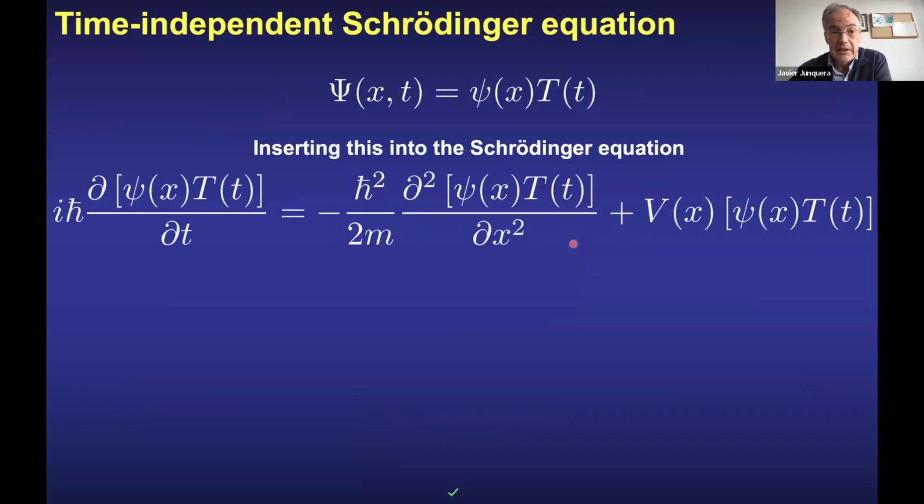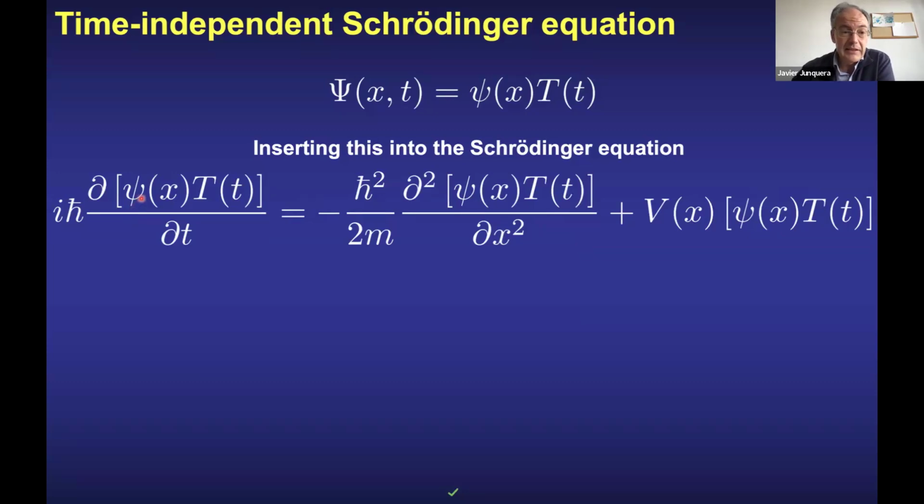We assume this, and then we can insert it into the Schrödinger equation. In the Schrödinger equation, where we had the quantum wave function psi, we can write this separation of variables, and the same at the right-hand side of the equation.